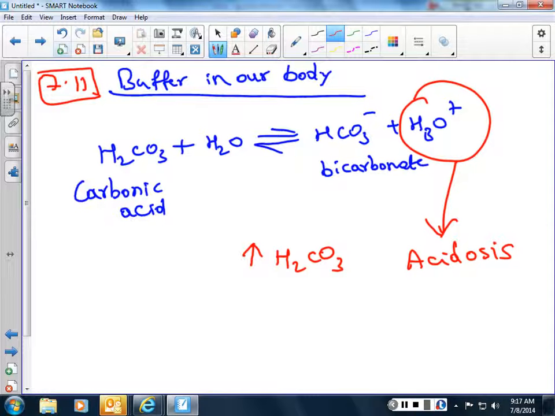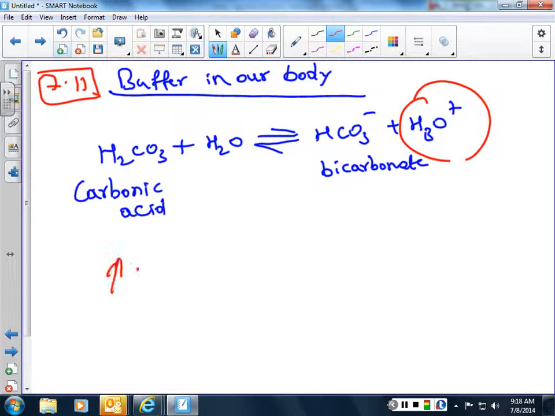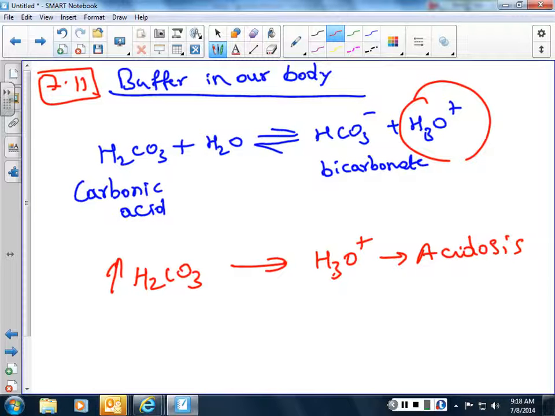So if you increase H2CO3, the reaction will go forward. Correct? Do you agree with this? If it goes forward, you will have more H3O plus because it's going forward. Do you agree? That condition is called acidosis.